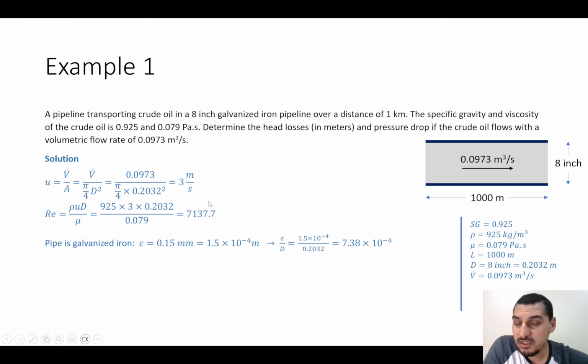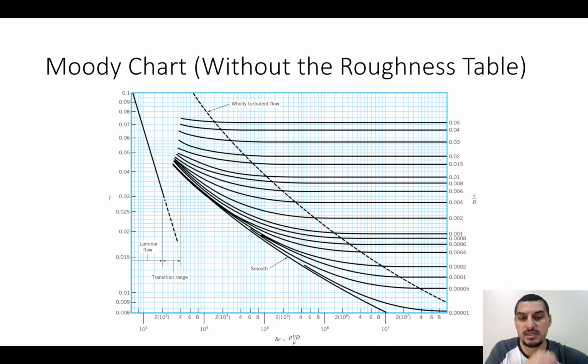If we try to calculate the friction factor using this Reynolds number and this relative roughness, it's around 7.1 times 10 to the power 3 for Reynolds number, and 0.0007 for epsilon over d. So if we go back, this is 7 times 10 to the power 3, so it's going to be this line here, and for epsilon over d it's 0.007, so it's between these two lines. So if we go between them until here, it will be something around here I think.